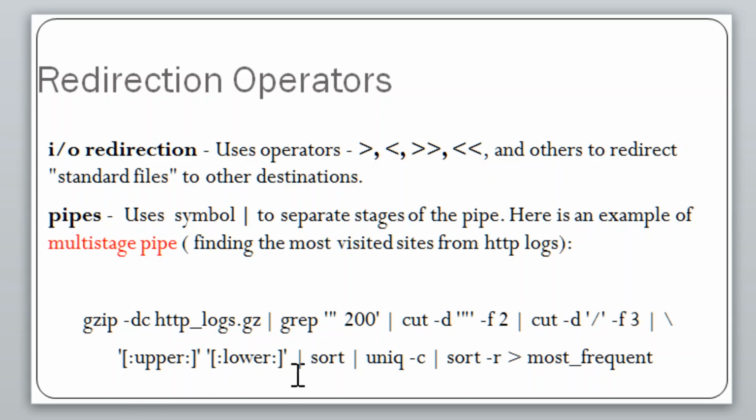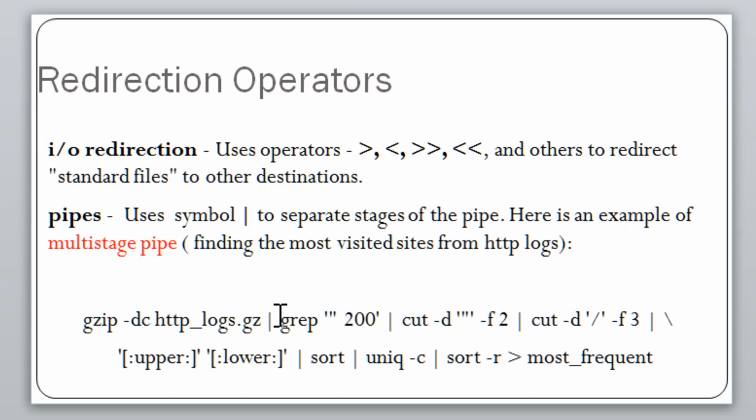And then we're sorting the list here. And then we're finding any repeated lines and deleting them. And we're using a reverse sort. And we're sending that to a file called most frequent, okay? So as you know, pipe redirects the standard out and gives it to the standard in of the next thing.